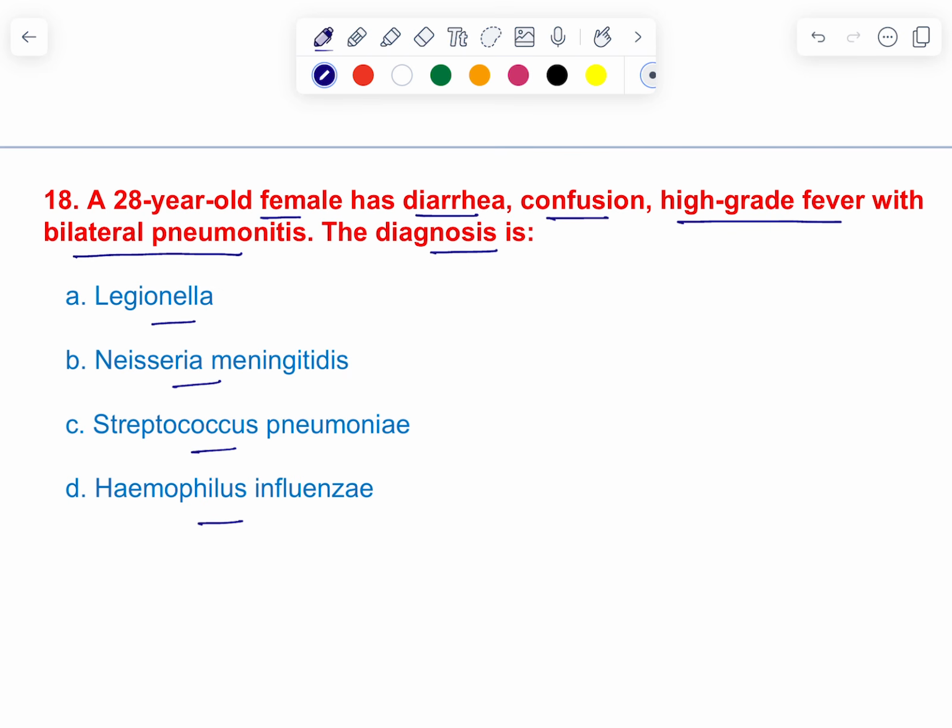It's a repeat question actually. Diarrhea, confusion, high-grade fever, pneumonitis is suggestive of Legionella. The drug of choice in Legionella is azithromycin. Those at risk of developing Legionella pneumonia are diabetic patients, patients with leukemia, elderly individuals and children.